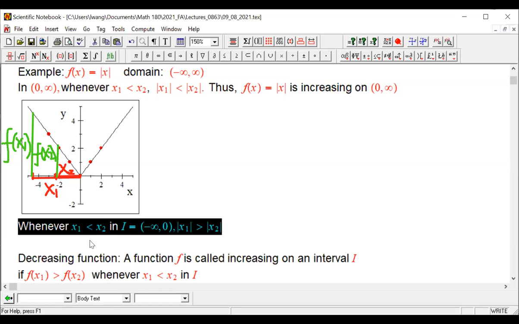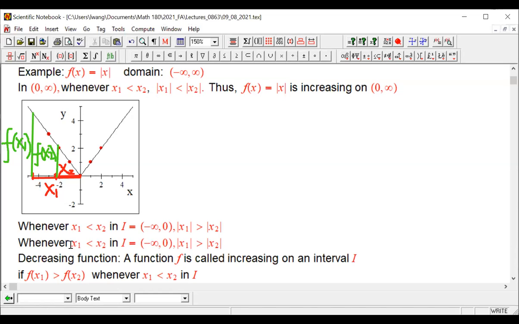You can also say for any x1 less than x2 in that particular interval, the absolute value of x1 is larger than the absolute value of x2. That's pretty much it, whatever other phrases you create.